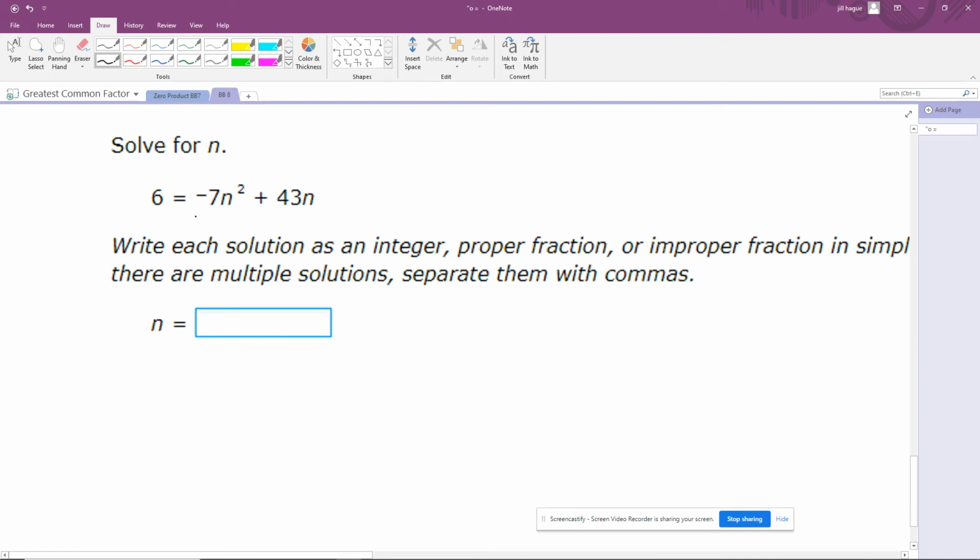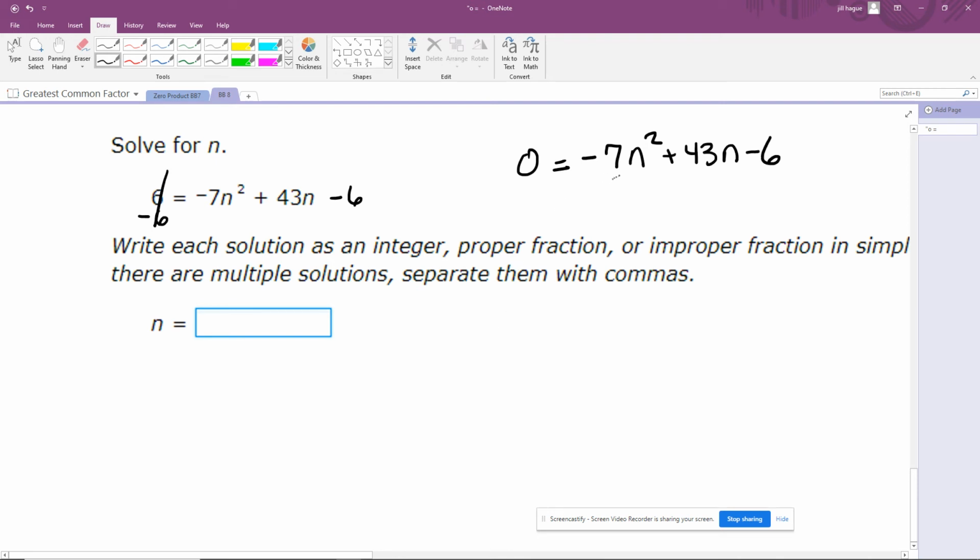Okay, so what I'm going to do is I'm going to take this equation and I'm going to subtract 6 from here, and I'm going to subtract 6 from this side. That'll make that a 0, which will equal -7n squared plus 43n minus 6.